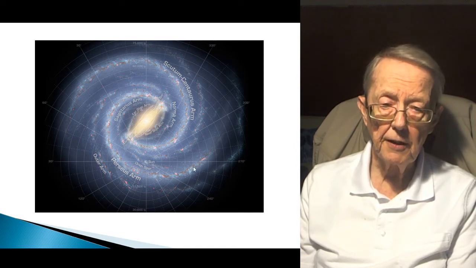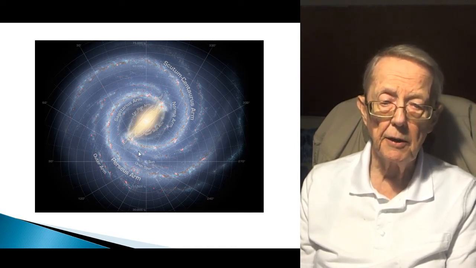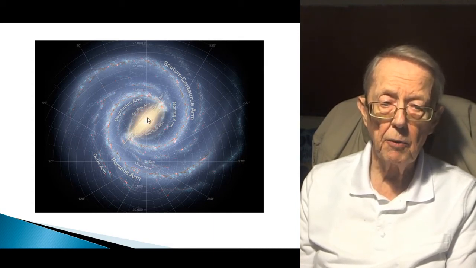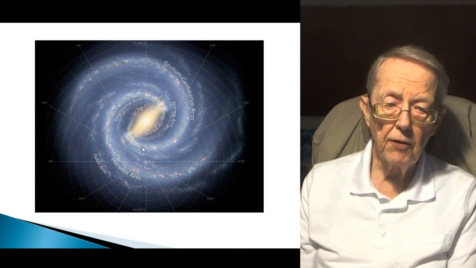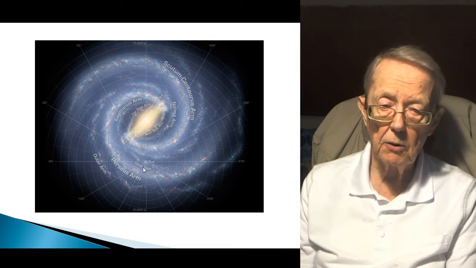In this graphic, there is a polar grid whose center is located right on our solar system. And what you'll see is as you go from the core through the first arm, then between the first arm and that second major arm is our solar system right there.